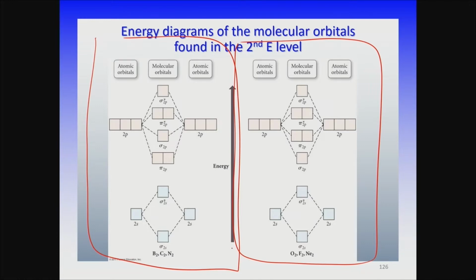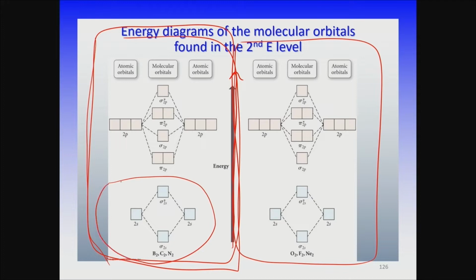And so we have increasing energy going up here. Now let's focus on the left side of this diagram and see what it may be telling us. On the left side there are two portions. There's this portion down here which is in light blue, and then we have a portion up here which is a light pink color.